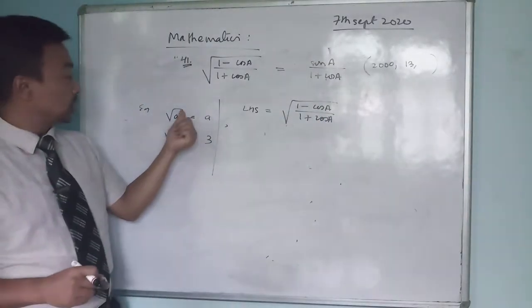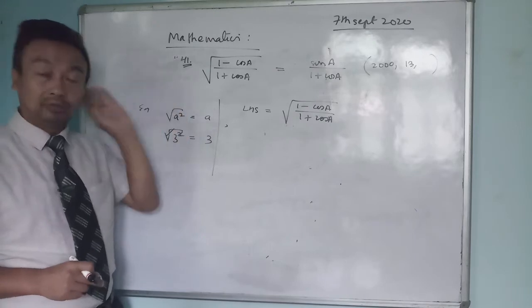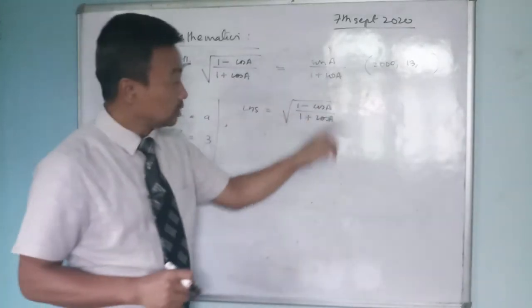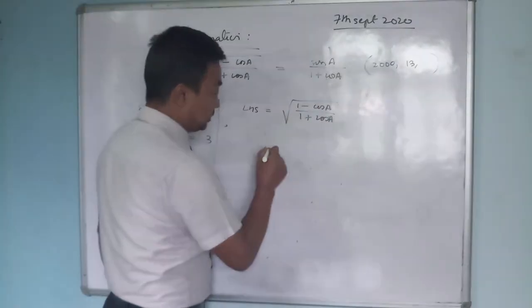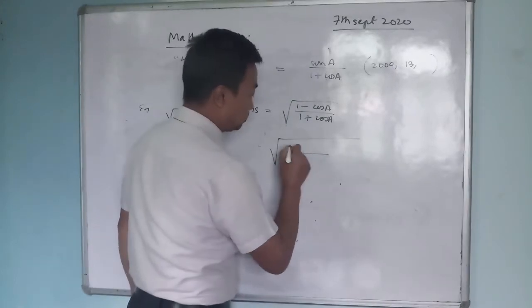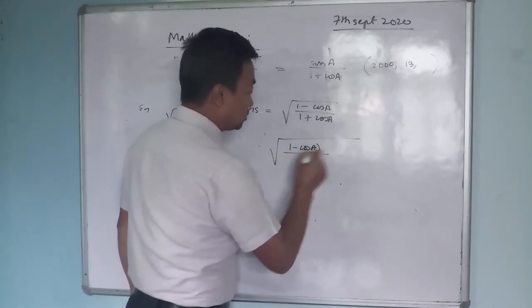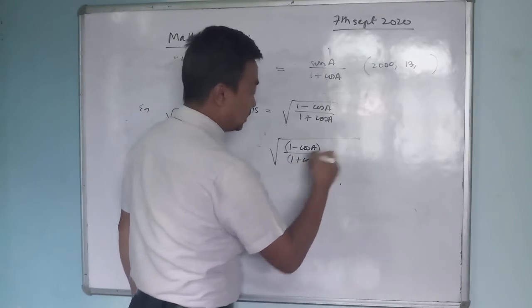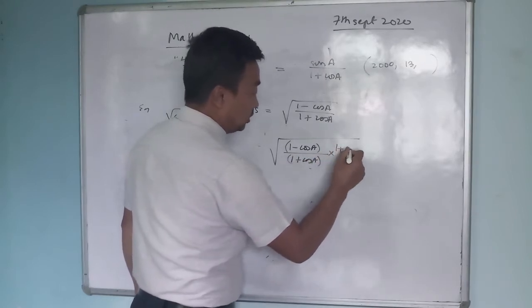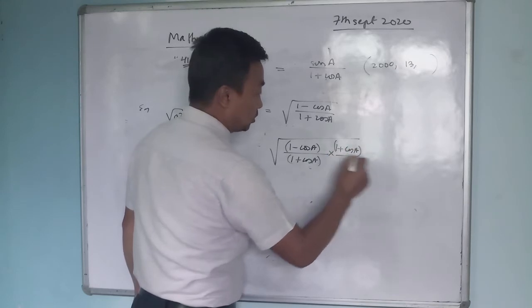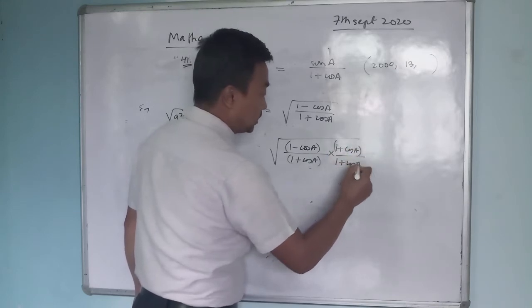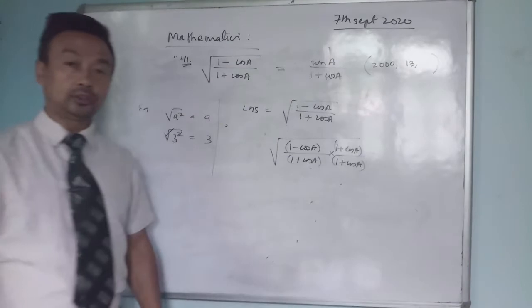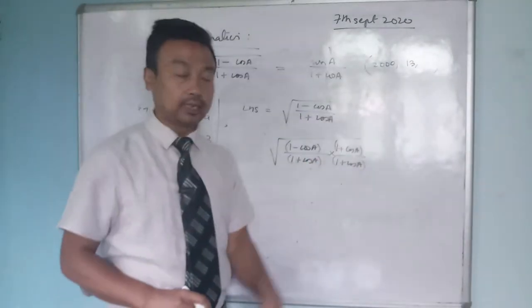Then we will get a square, and this square and the root will cancel. Let us put this in a bracket. Now rationalizing, since we need 1 plus cos A in the denominator, we will do that. See, this step is rationalization.